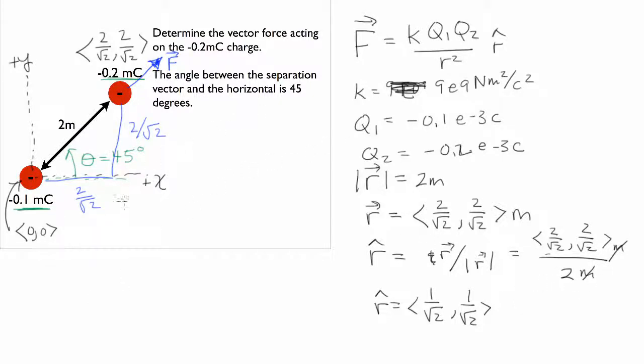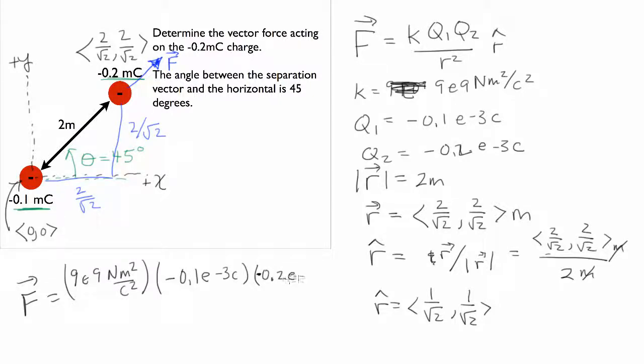Now we have everything we need to compute this force in its full vector form. F, the force, is 9 e to the 9 newton meters squared per coulomb squared, times negative 0.1 e to the minus 3 coulombs, times negative 0.2 e to the minus 3 coulombs, divided by 2 squared, and that's meters, mind you.